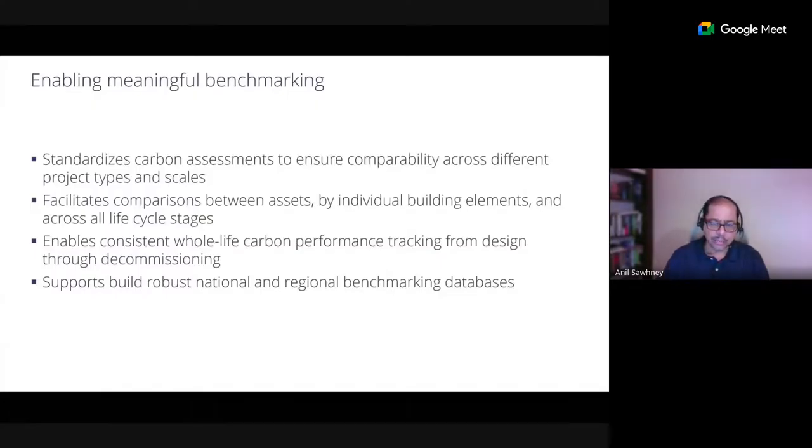So as this database grows, initially at the asset level, we can give you benchmarks of typical embodied carbon. Somebody asked that question also. These benchmarks, targets, and limits cannot be just picked from thin air. They need to be built on historical information and sometimes top-down sectoral calculations also.